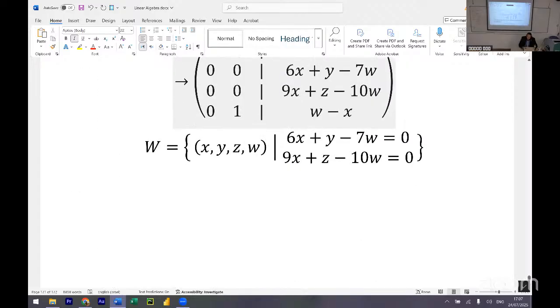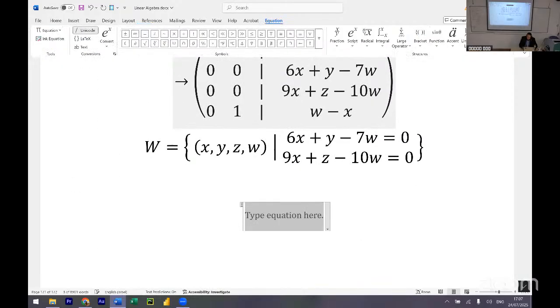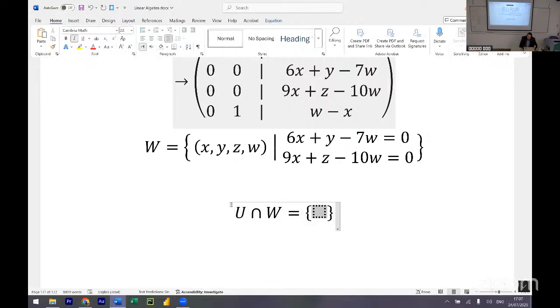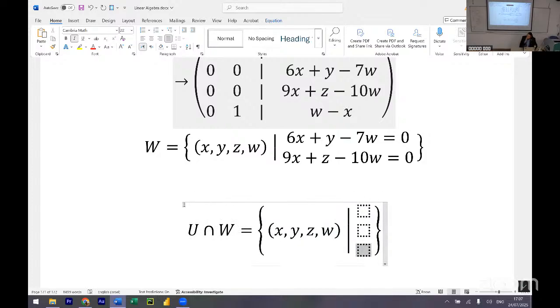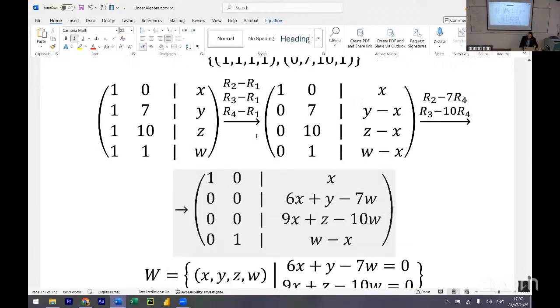Okay, so now what is U intersection with W? It's all the x, y, z, w such that all four equations hold, right?